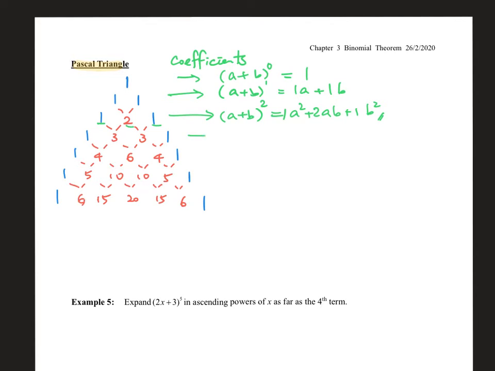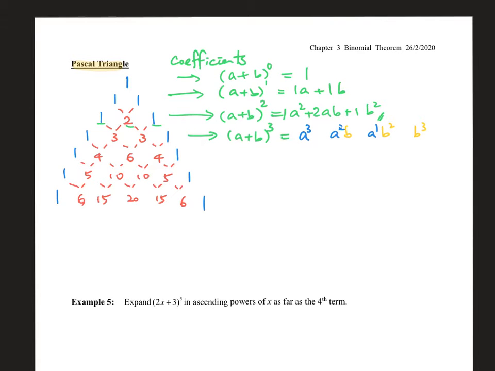Now we come to see how we treat 1 3 3 1 in order to talk about the cube. Let's try together. There are three procedures. First of all, write a in descending order of power: power 3, power 2, power 1, and 0. Next, you write b in ascending order of power: no b, b to the power 1, b squared, and b cubed.